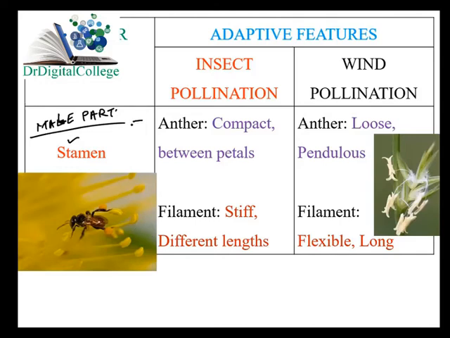You know that these are anther and filament. Insect pollinating flowers have compact anthers which are there in between the petals. You look at this, this is a compact anther.